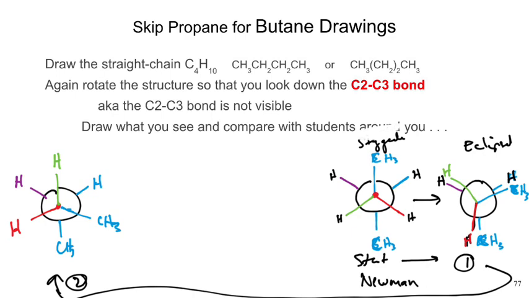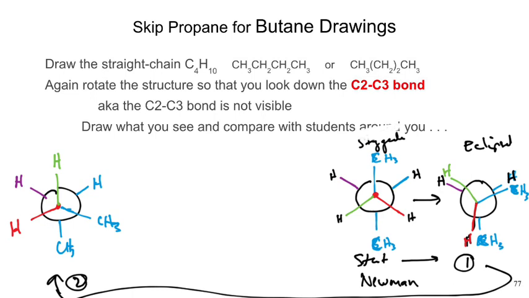Okay? We said there was a difference in energy between staggered and eclipsed, right? Why was there a difference? Because the CH3s are farther apart from each other? No? You're answering the next question. Why is staggered different than eclipsed as far as energies?